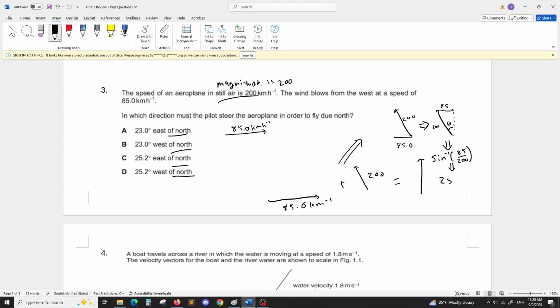So this is about 25.2 degrees. And then you want to start on which side. So let's say that we're going off the north, right? So our second number is going to be north, and then we want to say left or right, or west or east in this case. So since we're going west, it's going to be west of north, which is D.